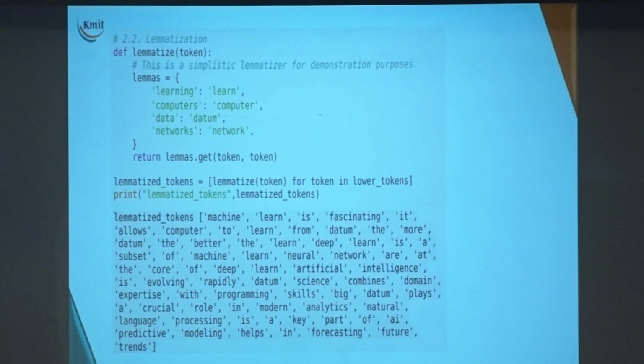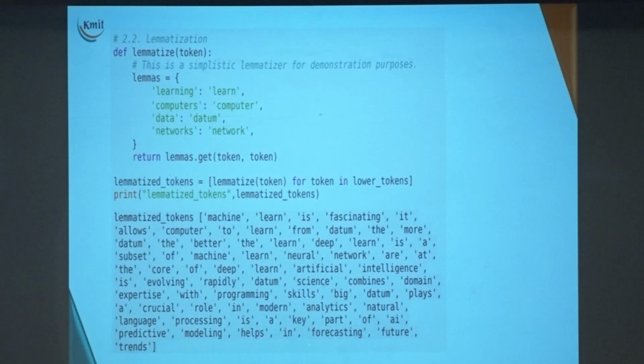When you return these lemmatized tokens, you will store them in another list called lemmatized tokens and print that. So what changes could you find in your tokens from the previous tokens to this? Those 4 lemmas that I have provided, those root words are now reflected in the list of tokens.